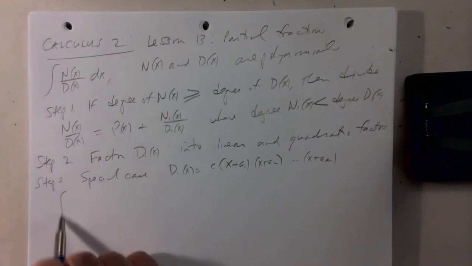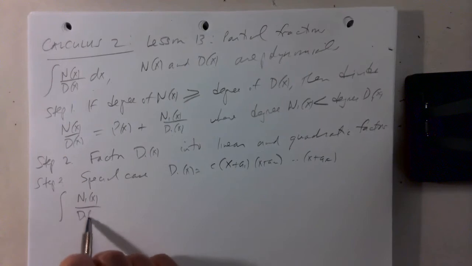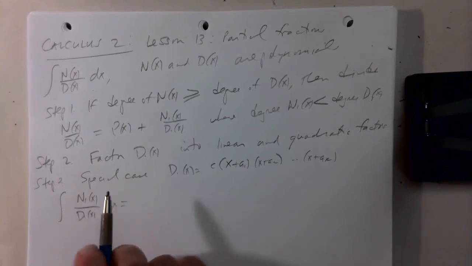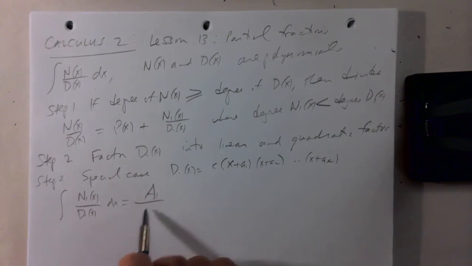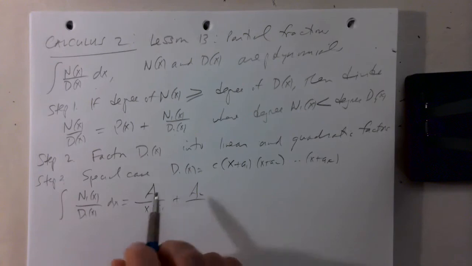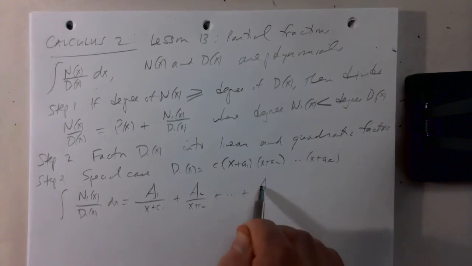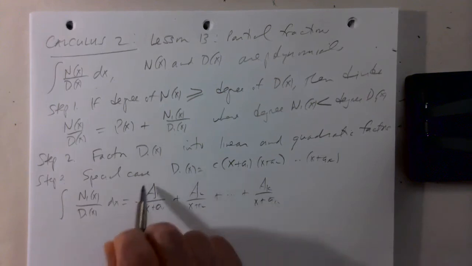And then it's always true that you can write this rational function, the integral of that rational function, as something of the form a1 over x plus c1, a2 over x plus c2, up to ak over x plus ck, the integral of all this.